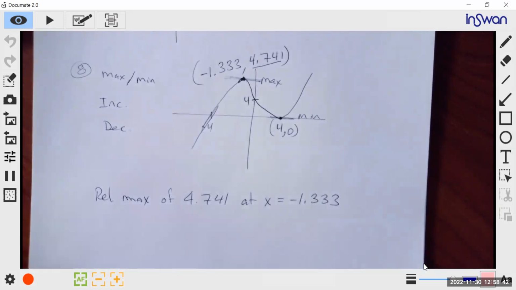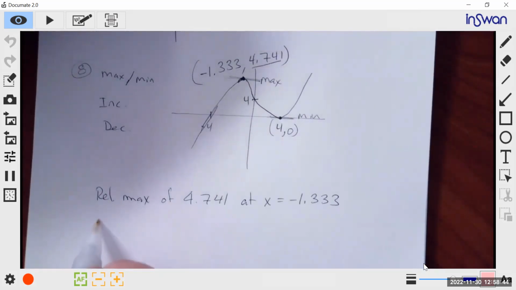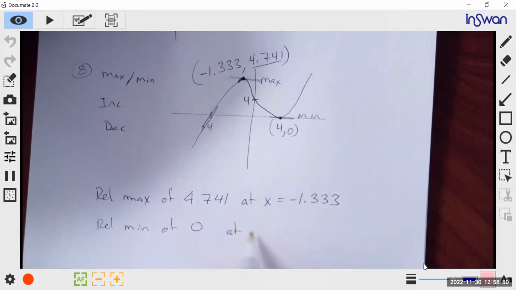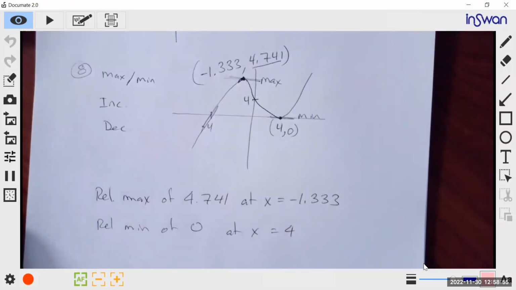So now we have a relative minimum of 0 at x equals 4. So when they're saying maximum minimum, they're talking about the y values. What's the highest or lowest?